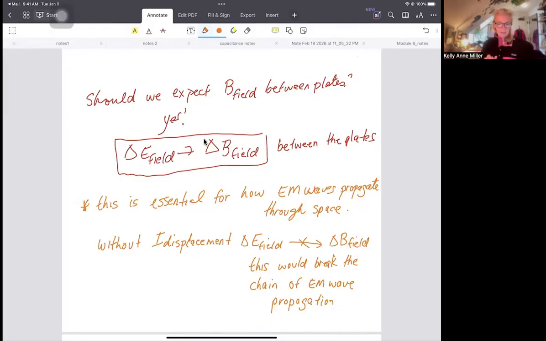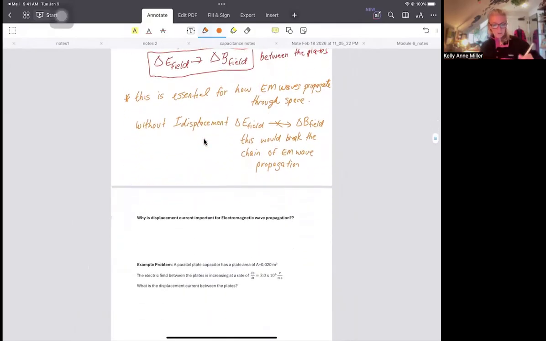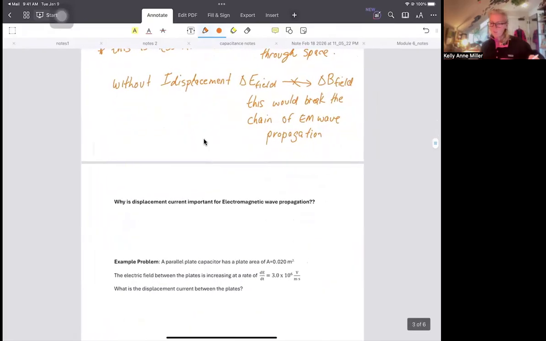Yeah, so that's most of what I wanted to say. So why is displacement current important for electromagnetic wave propagation?